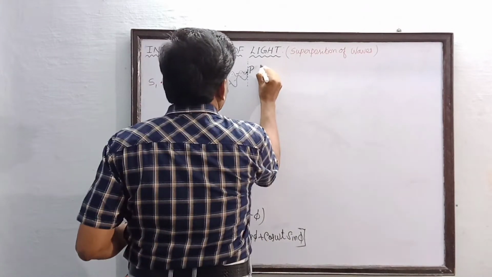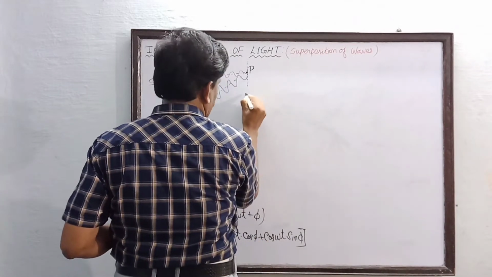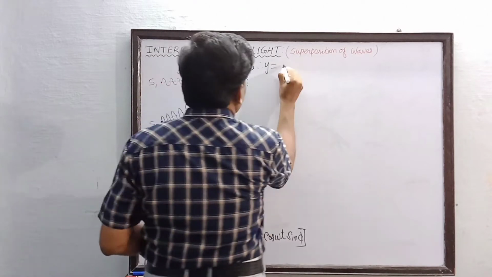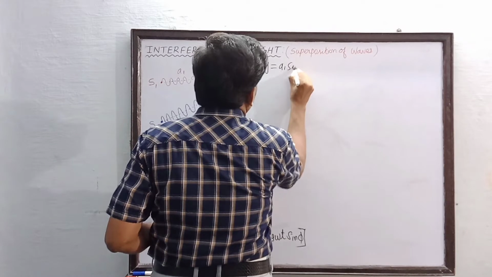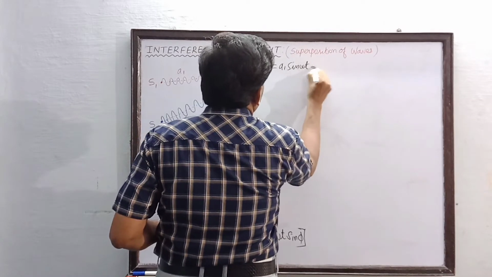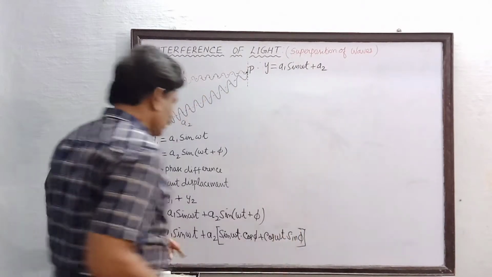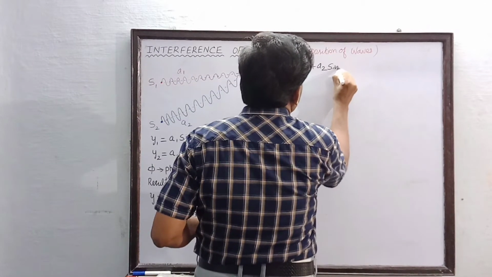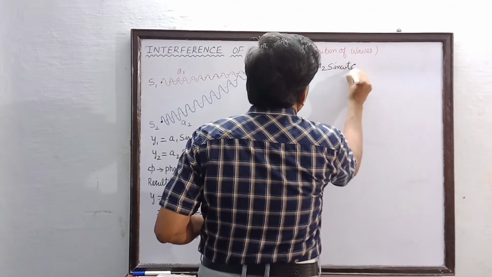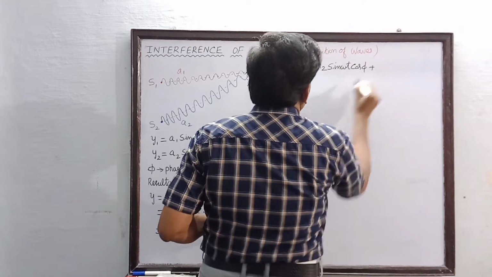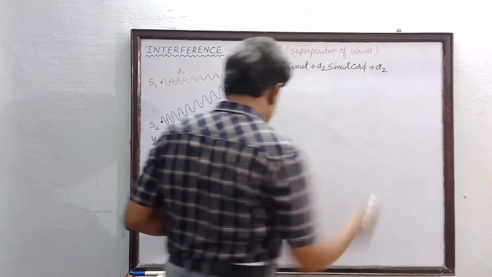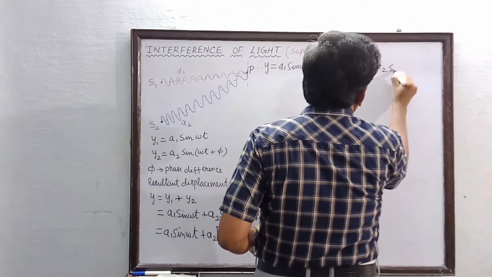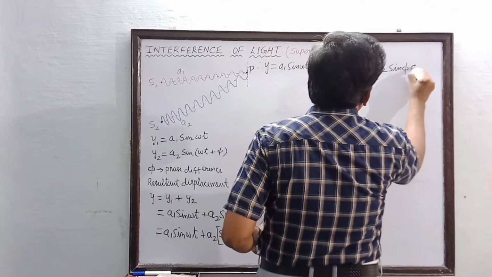So y is now equal to a1 sin omega t plus a2 sin omega t cos phi plus a2 cos omega t sin phi. This can also be written as sin phi into cos omega t.